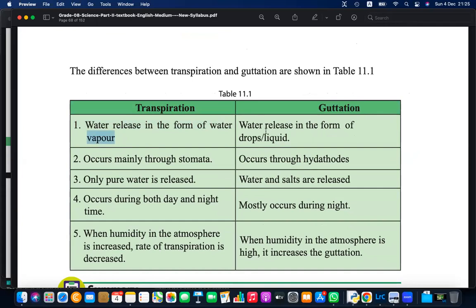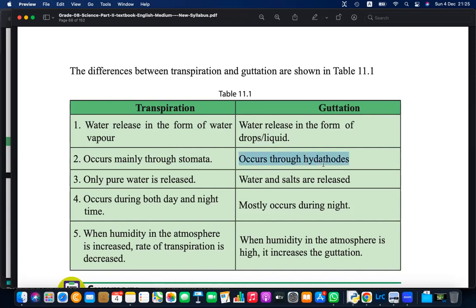But in guttation, water is released as drops, in liquid form. Transpiration happens through stomata, but guttation through hydathodes. Stomata are small holes on the backside of the leaves, but hydathodes are in some special leaves only.